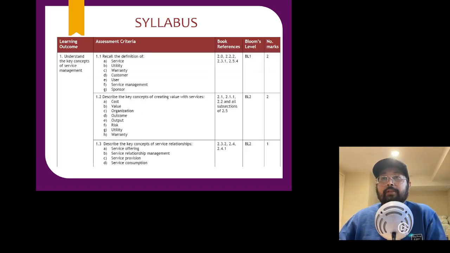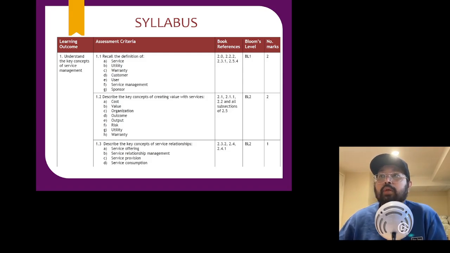So here's the syllabus, which describes in more detail the first outcome, understanding the key concepts of service management. You can see in the second column it says assessment criteria. Basically these describe the topics covered in this key concept of service management. In the third column you can see it says book reference. This book reference is from the Axelos official guide of the ITIL Foundation test preparation book.